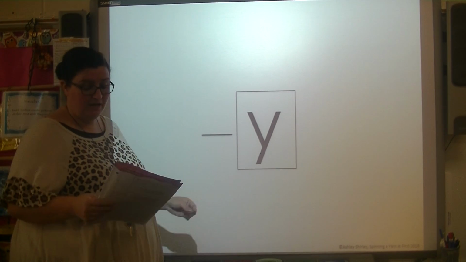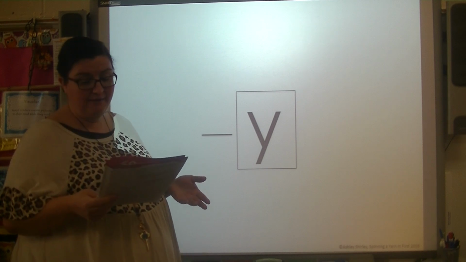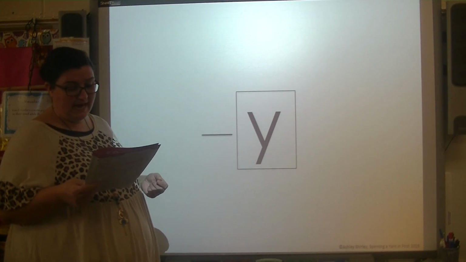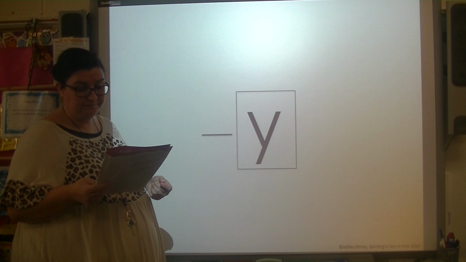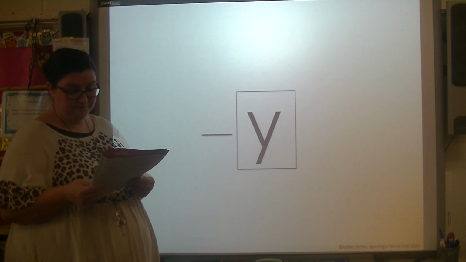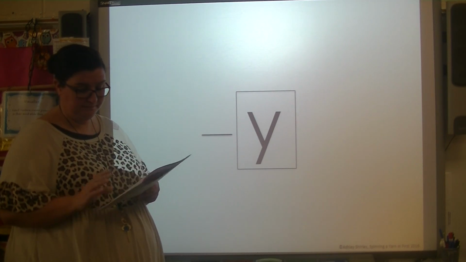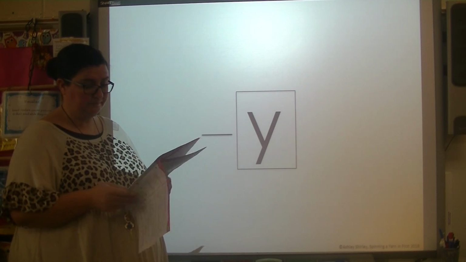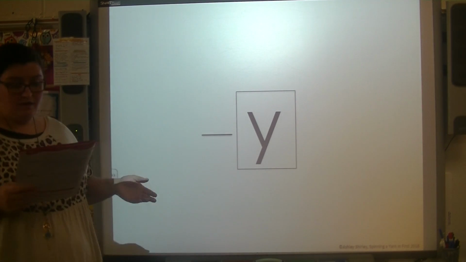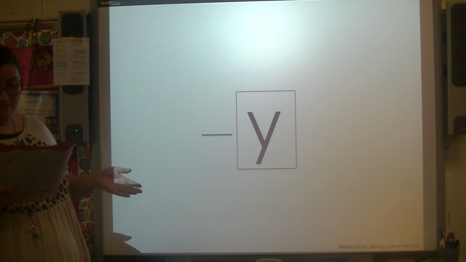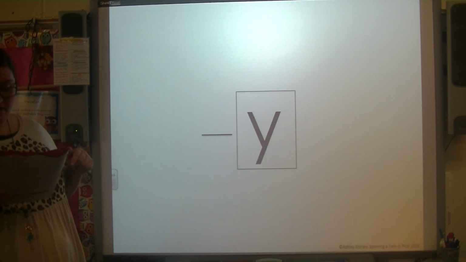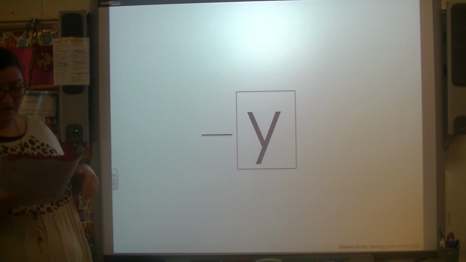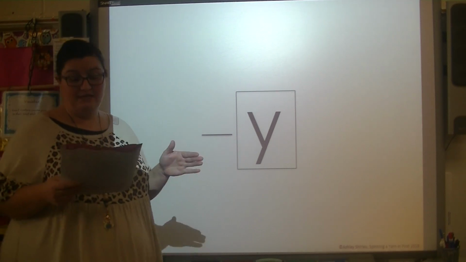Suffix Y. When suffix Y is added to a word, it can have many, many meanings.